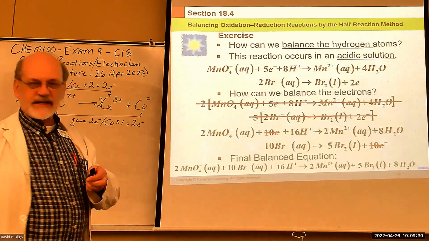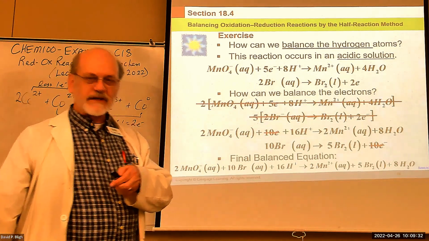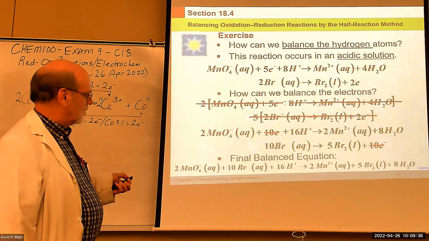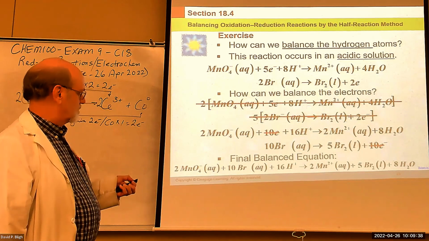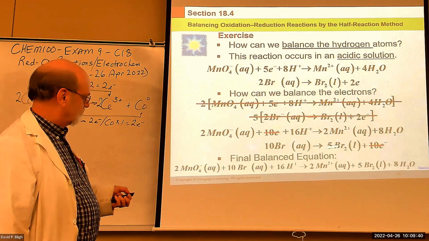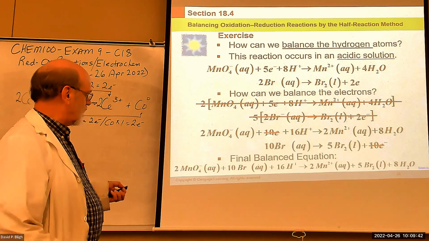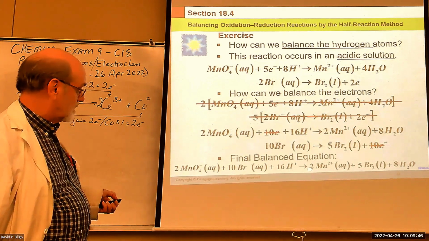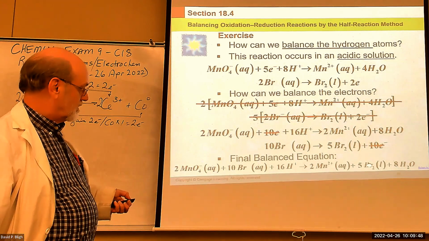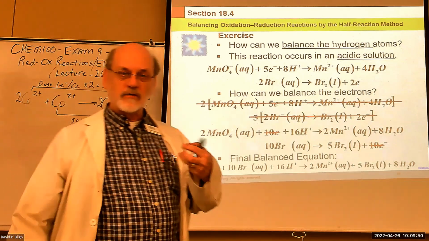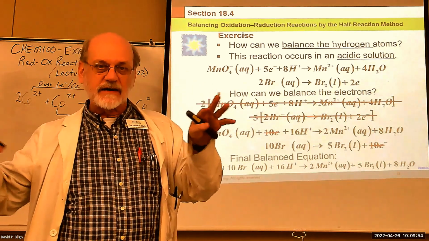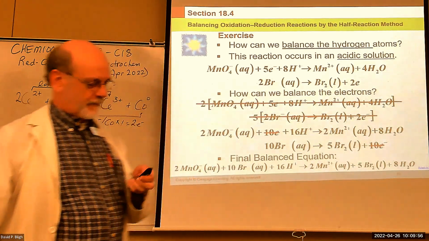Well, in this case, I skipped a step. We did the reconciliation in this case. We got rid of the electrons. And then we found out that we didn't have any extra waters on either side. We didn't have any extra hydrogens on either side. So we're done.